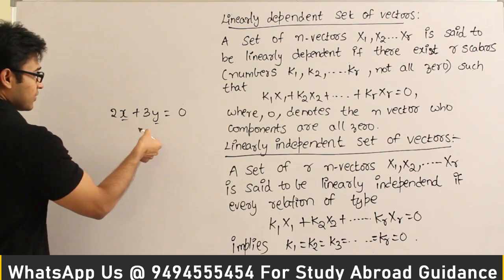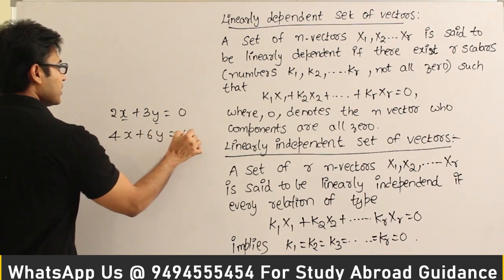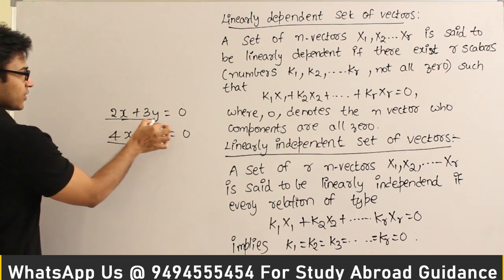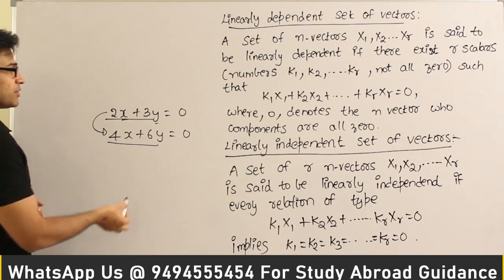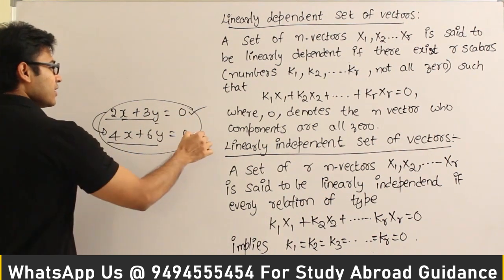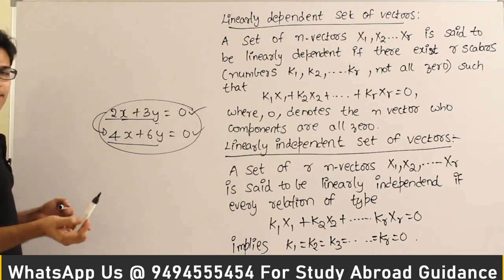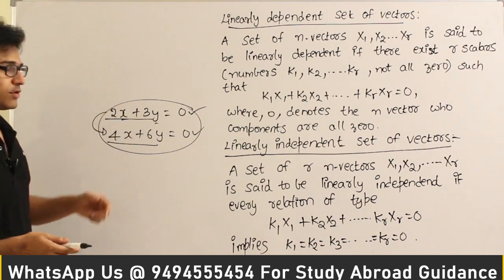So let's say they give another equation like this, equal to 0. The second equation is simply the first equation multiplied by 2, which means they are not giving us any extra information, they are giving the same information. They give one equation and ask us to solve it, showing it as if it is two equations. So how can we find out that they have given only one equation?